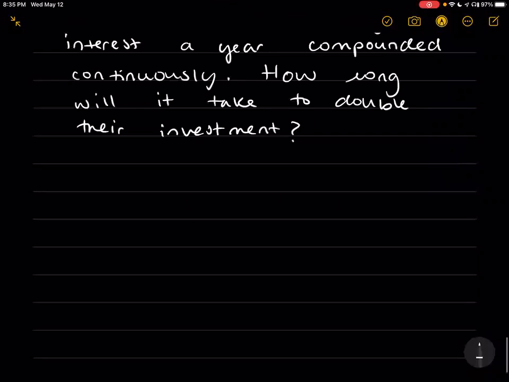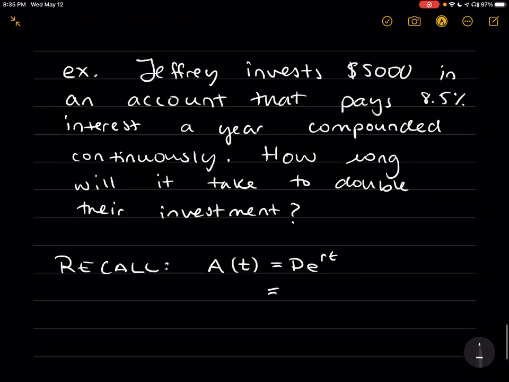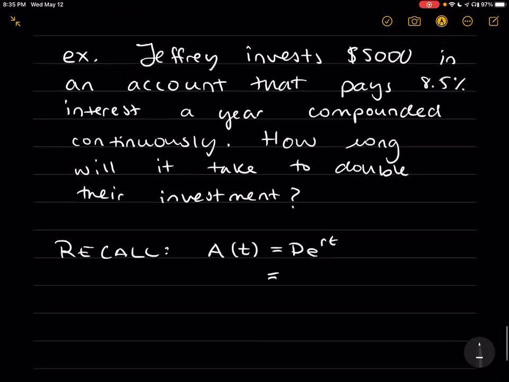So recall the formula for this was A of t equals P e to the r t, where P is the principal, t is time, and r is the interest rate. And so the principal is how much they invested in the beginning. So it's going to be $5,000 times e to the rate, which is 8.5%, so it's going to be 0.085 times t.